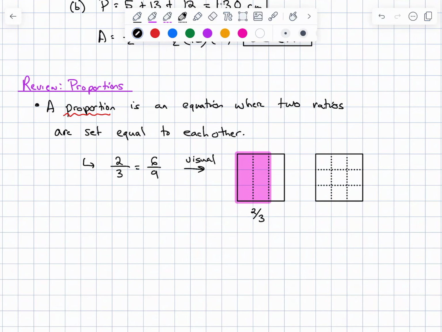I've divided the whole into exactly 9 pieces instead of 3 pieces, and 6/9, well, 1, 2, 3, 4, 5, 6, it gives me the exact same thing. And it ends up being the exact same amount. So that is what we call a simple proportional relationship, in that there's no context behind it. There's nothing to do. It's just a true statement.